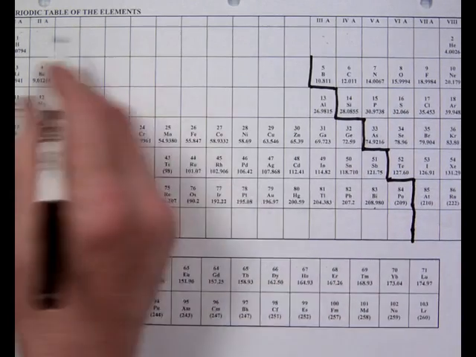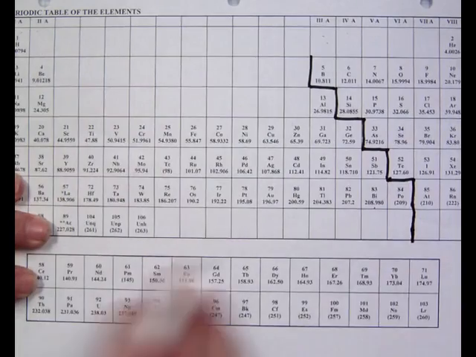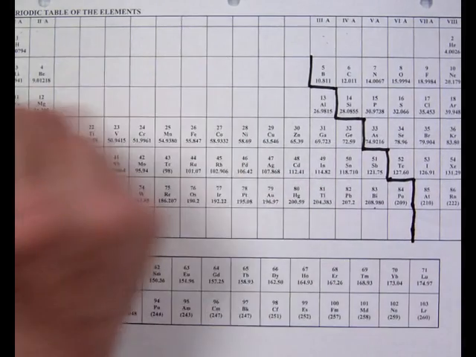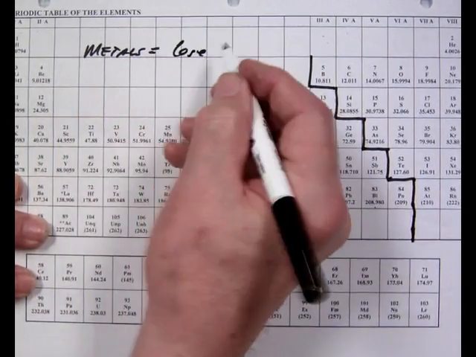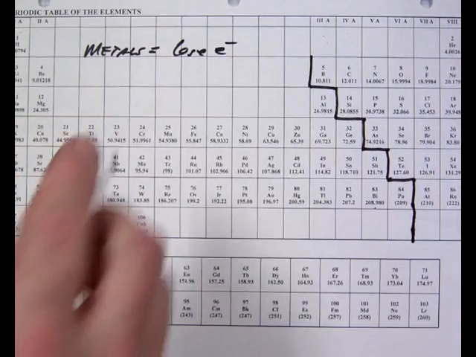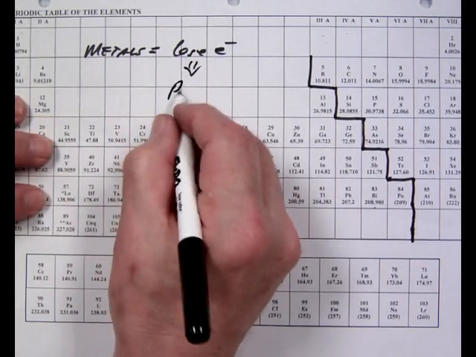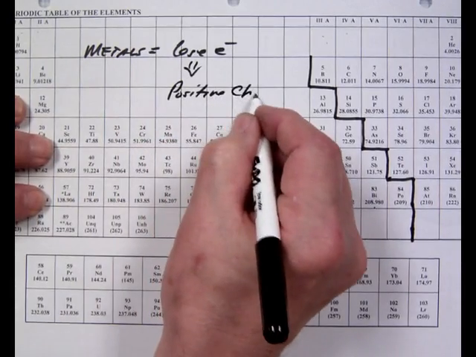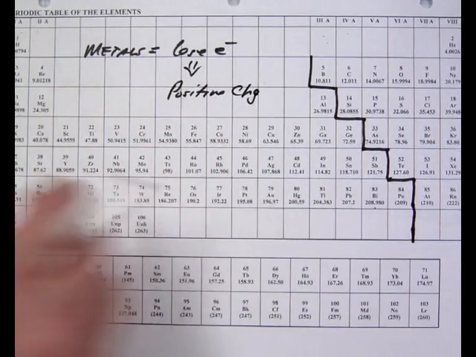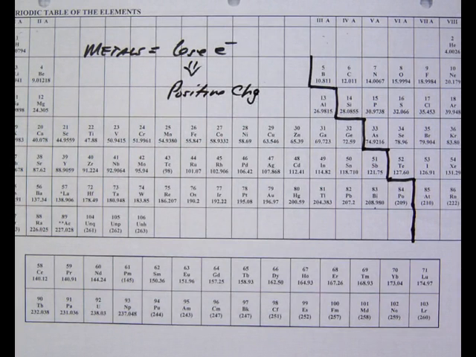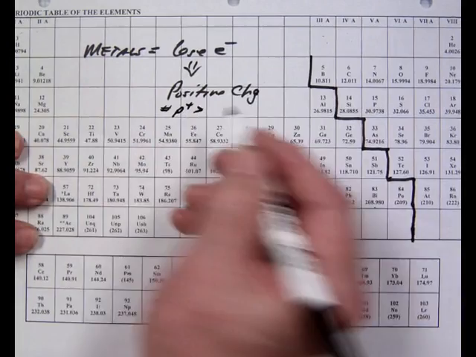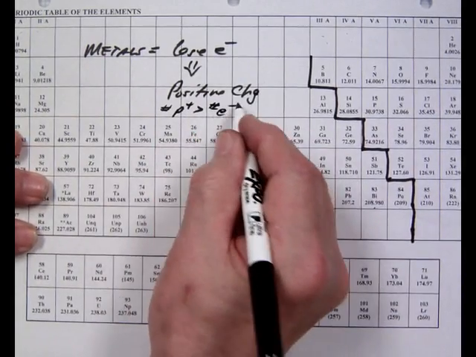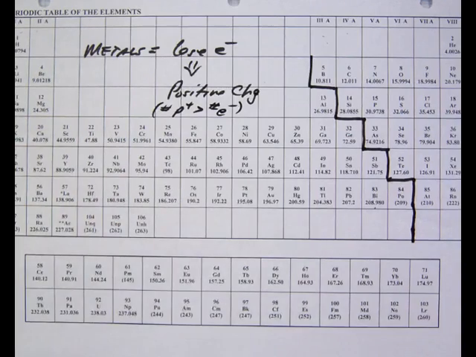From the staircase plus the rare earth metals, lose electrons and you get a positive charge. That positive charge results from the fact that the number of protons in the nucleus is greater than the number of electrons orbiting the nucleus.